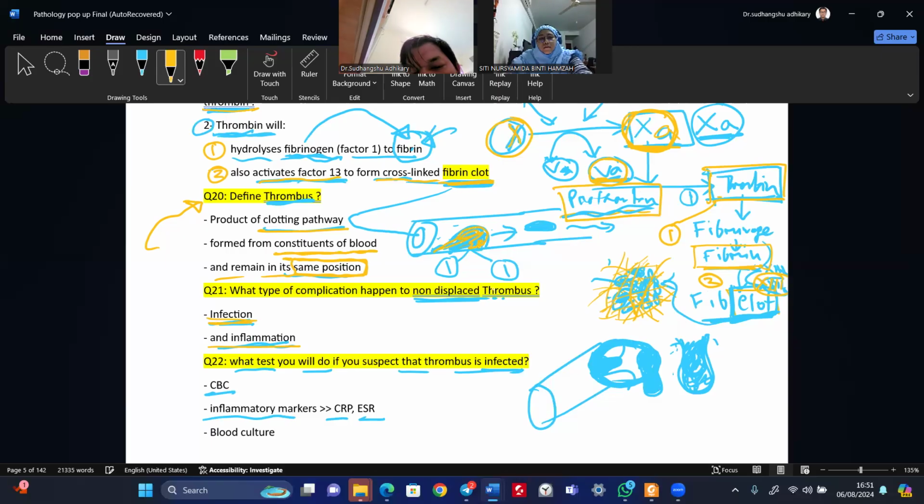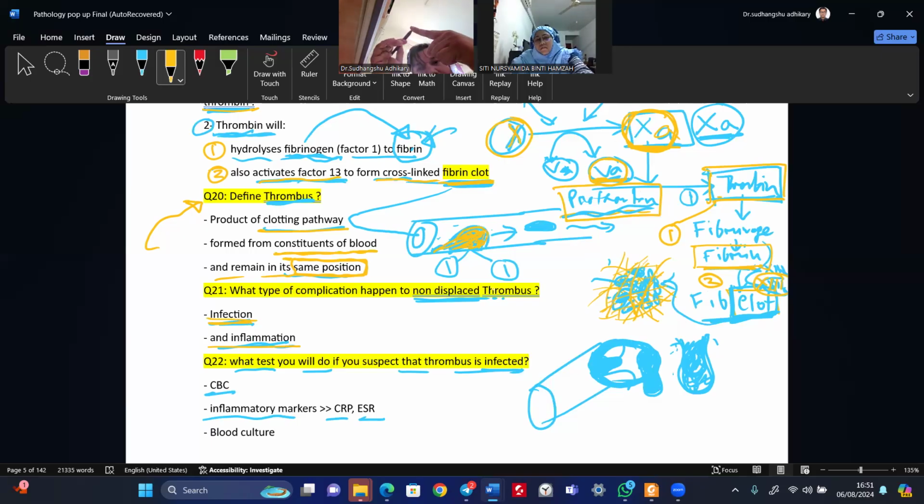See the picture. It is the product of the clotting pathway, first criterion. Second, it is formed by the constituents of the blood. Third criterion, it remains in the same position. So if it remains in the same position, what will happen?